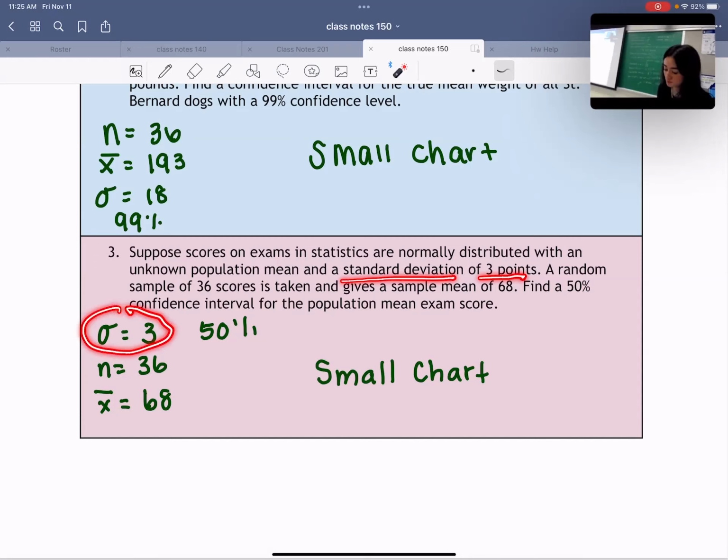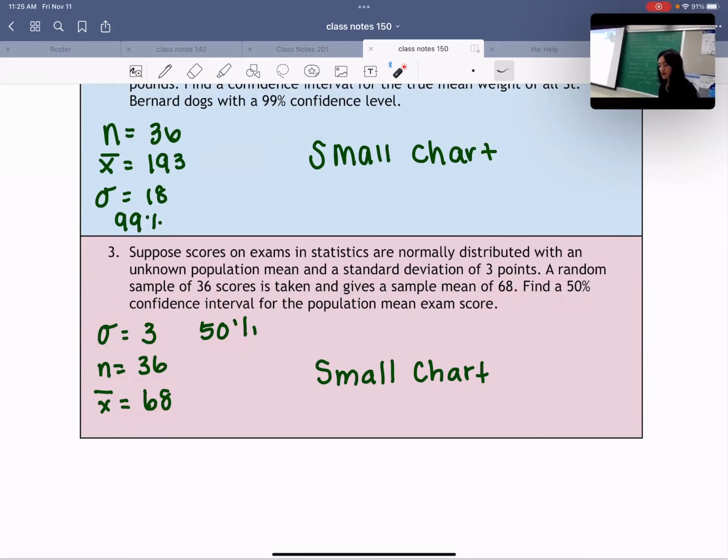And then it said random sample 36, so n is 36. And then it says the sample mean is 60. And then a 50% confidence interval. So because it gave us sigma, it's a small chart.